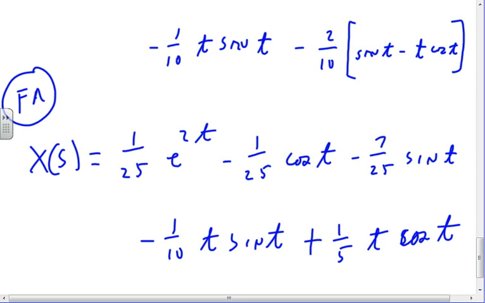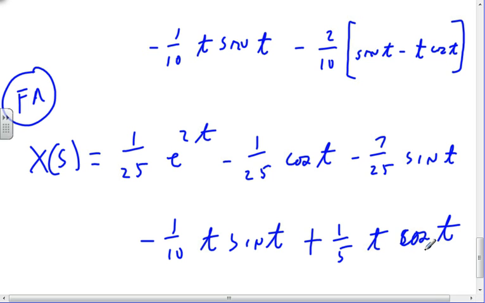That was 36, was it? Yeah, 36. Okay, they have a 1/50. So they got 1/50 times 2 of this, which makes that correct. And then they have a 1/5 t cosine, making that correct.